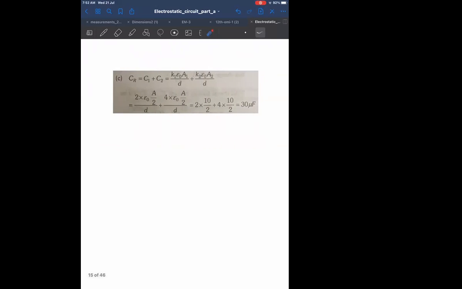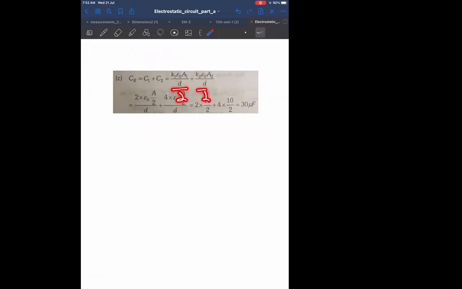Sir, even the distance will become d by 2, right? The distance will become d by 2, but here we are adding it, no? They are in parallel. So in that individual thing that we had taken, AK epsilon naught by d, if we substitute d by 2... You are saying if I take d as d by 2, correct?